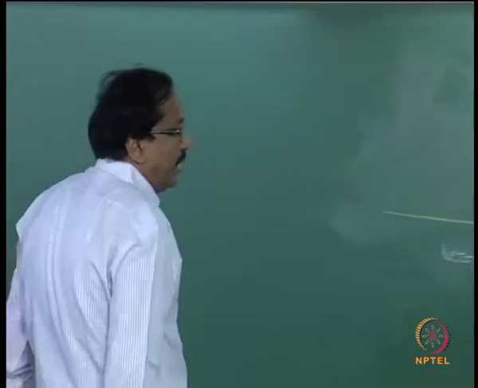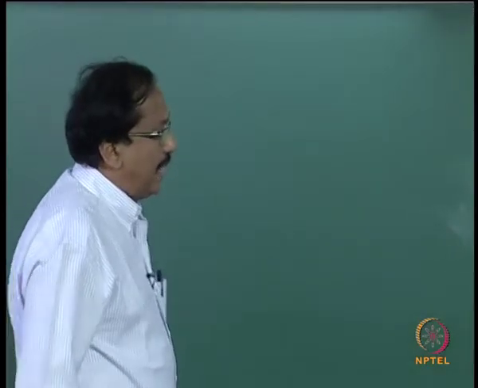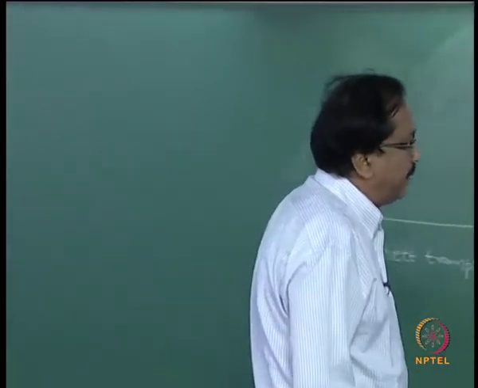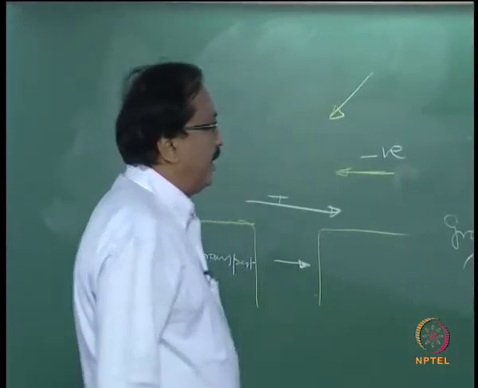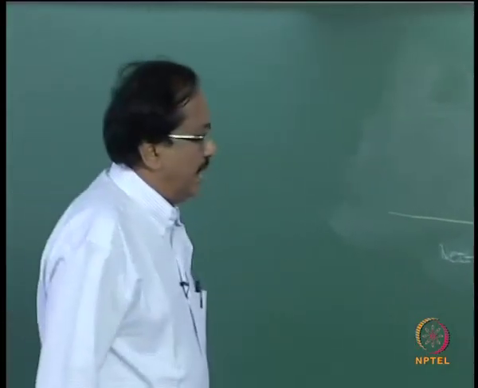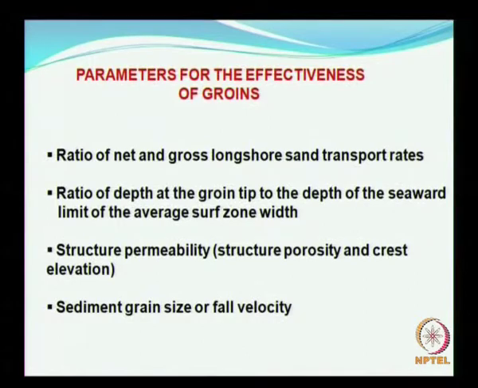The ratio of the depth at the groin tip to the depth of the seaward limit of the average surf zone, because the surf zone has to be average, because it is going to change every month. Am I right? In fact, it may be changing continuously, so you need to work with an average.